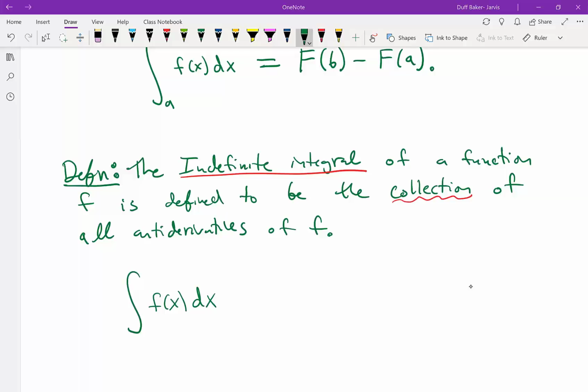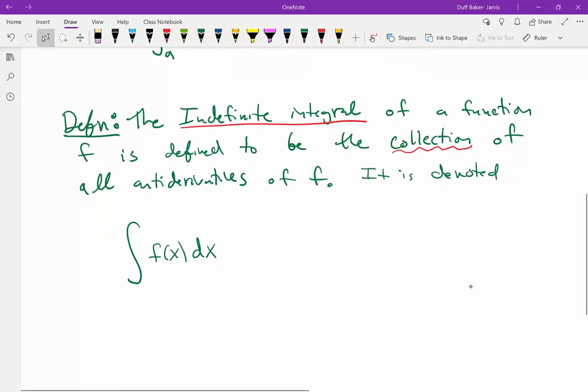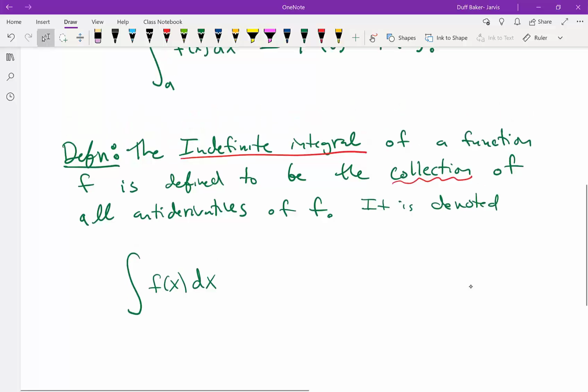So the collection of all antiderivatives, if I give you a function f and I ask you to find all antiderivatives, that's what we call the most general antiderivative. So this is just a notation for the most general antiderivative. It's denoted with an integral sign, but now we don't put bounds.